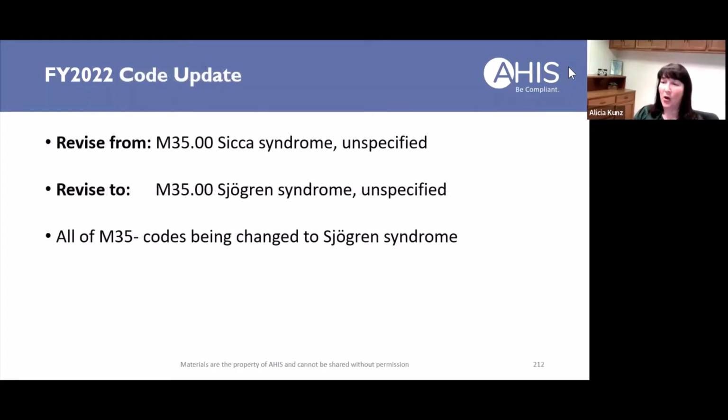Here is a code change. Now, actually, if you look at the code, it's exactly the same. So it's a code descriptor that has changed. M35.00 is the code for Sicca syndrome, but they've changed it to Sjogren syndrome. So all of the codes from category M35, they've changed the terminology to Sjogren syndrome.